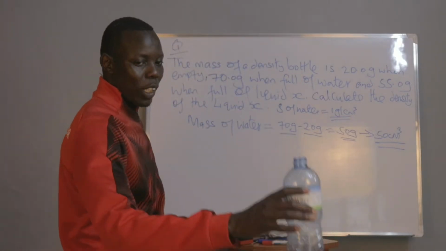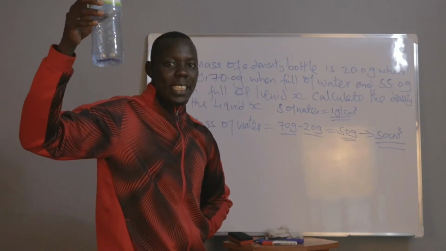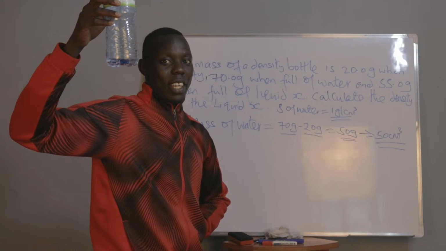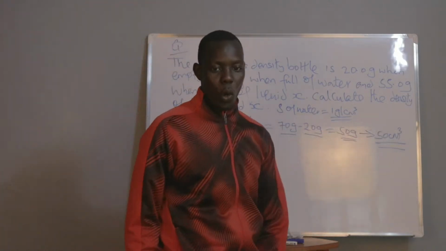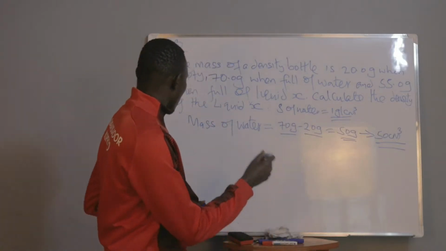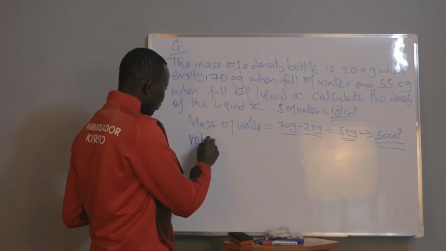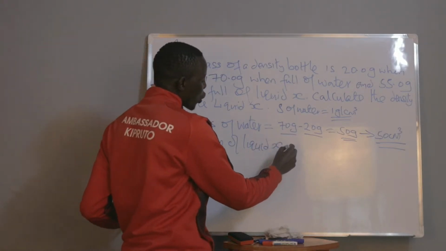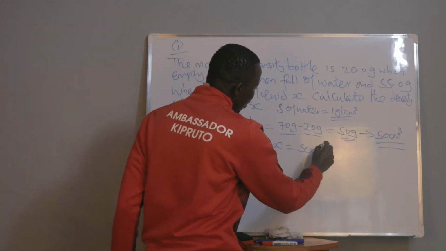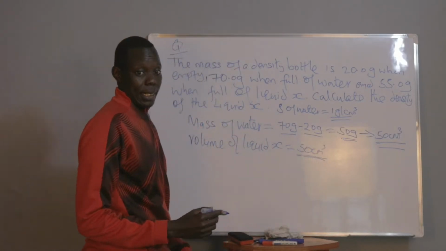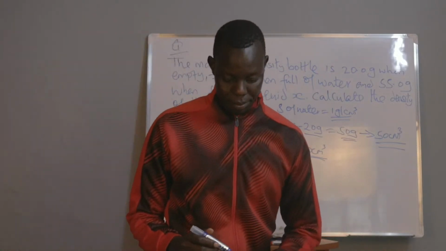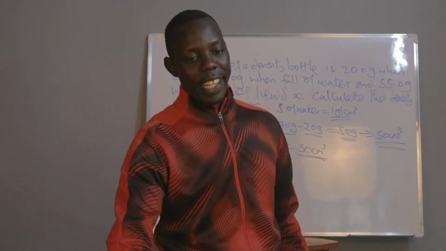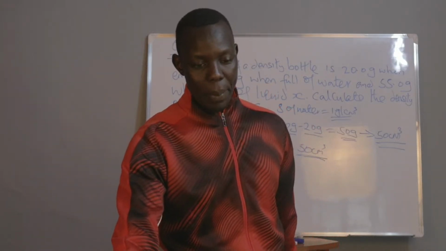If I fill this container with water, and then change the liquid, I use another liquid. 50 centimeters cubed of water can fill the bottle, then the volume of X is going to be 50 centimeters cubed. Common sense. If it can be filled by 50 centimeters cubed of water, whatever the liquid, it will still be the same.